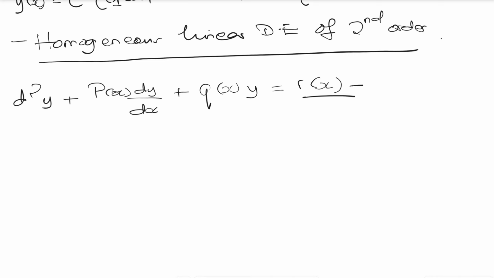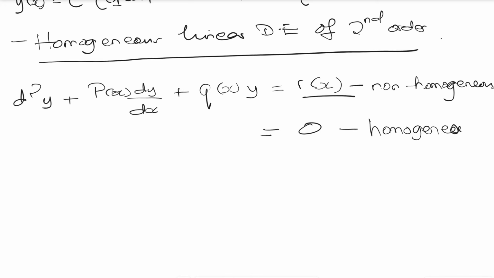So here this is non-homogeneous. So this is homogeneous, and if R(x) is equal to 0, this will be called a homogeneous equation.